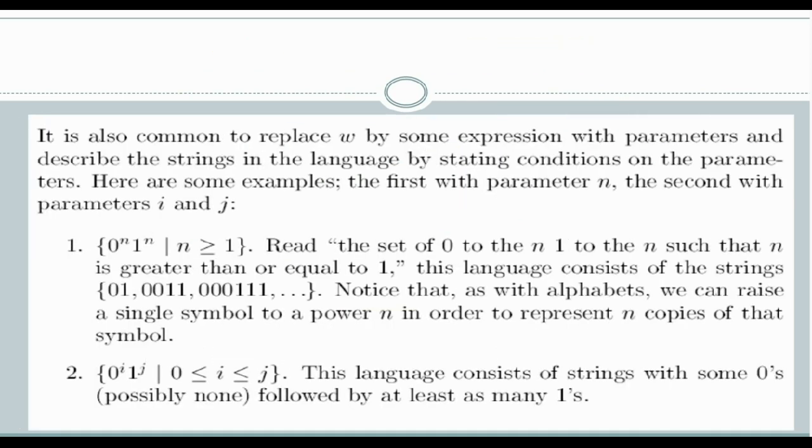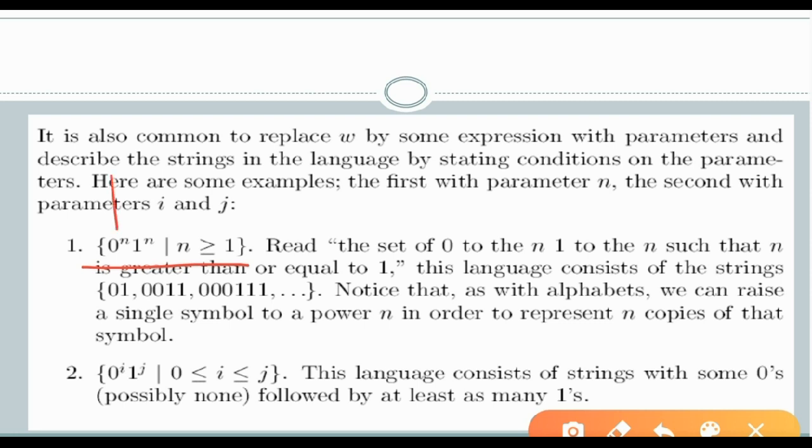You can see some of the examples here of how many ways you represent the conditions. Some more examples for your clarification. The first one is 0 to the power n, 1 to the power n, such that n is greater than or equal to 1.